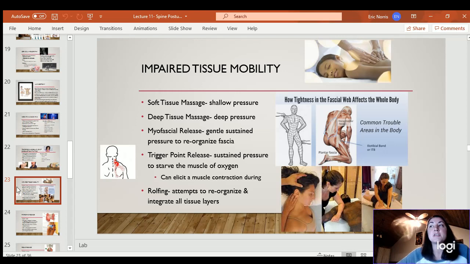So these are the different massage techniques and manual therapy techniques that we covered some last semester, and we are going to go back over these in lab. So make sure you're ready to work on each other and get worked on because we will go over all these in lab together.